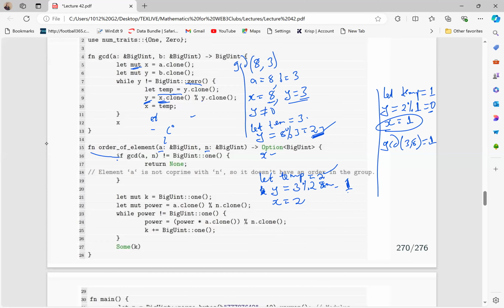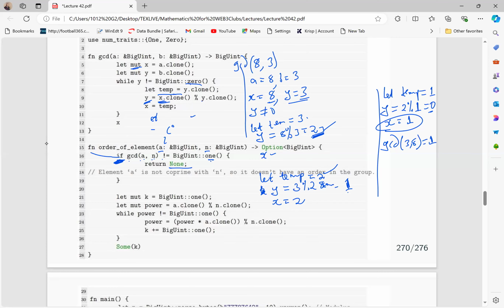And then it says, this is a loop. If the GCD of A and N is not equal to 1, then it will print none.